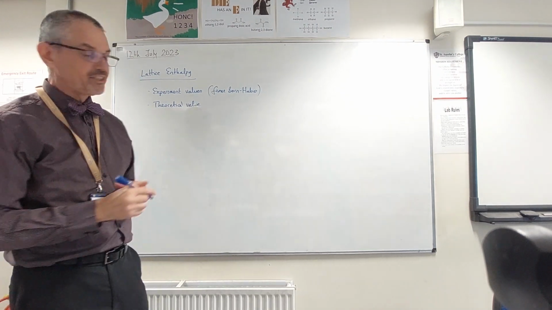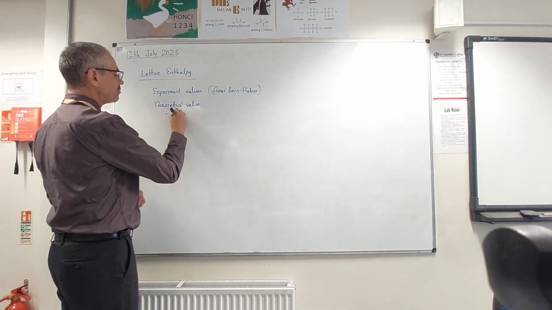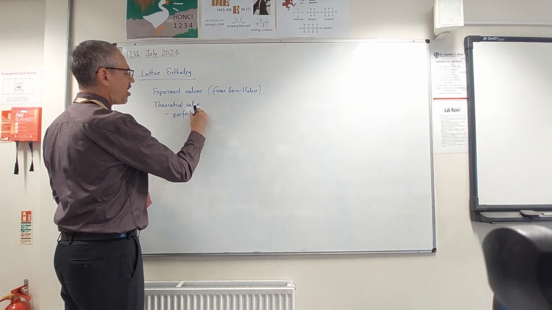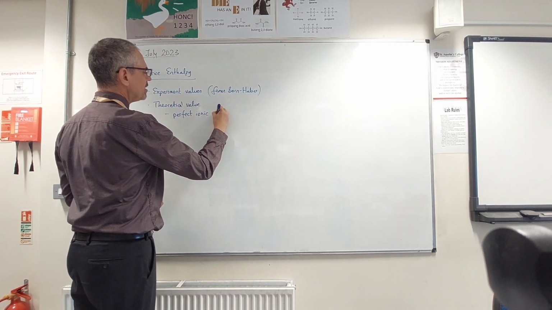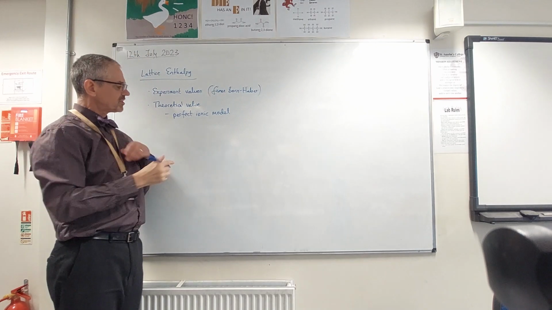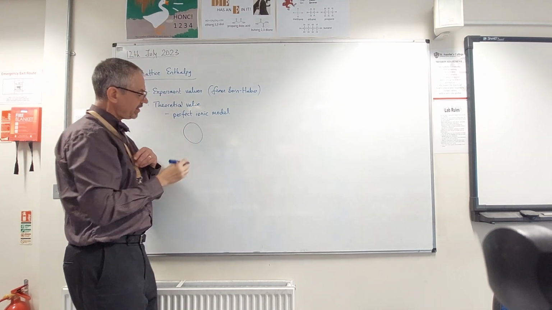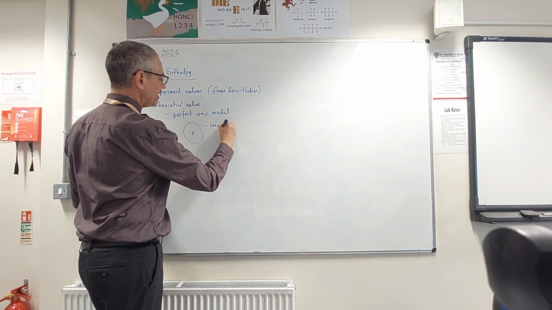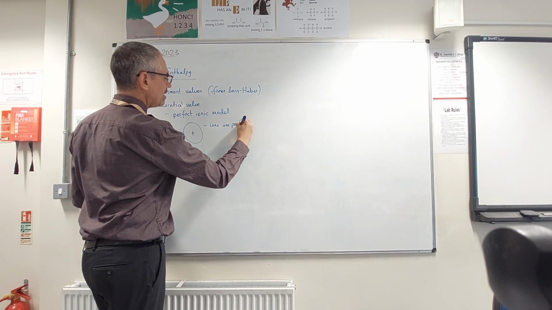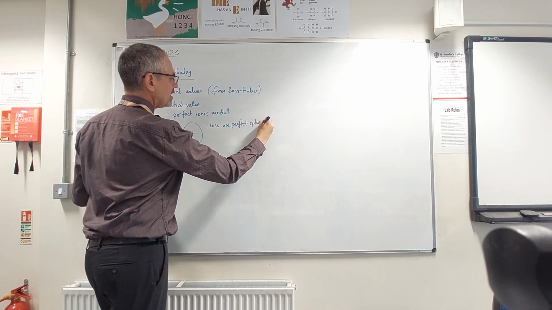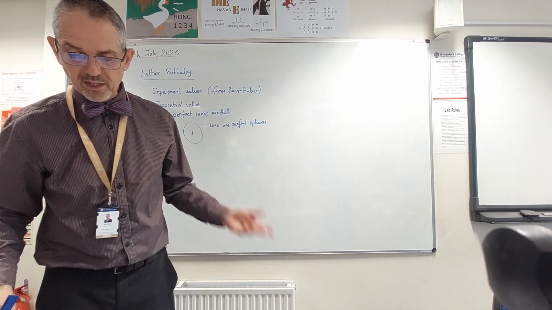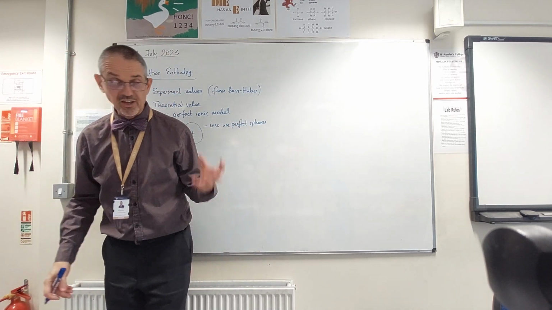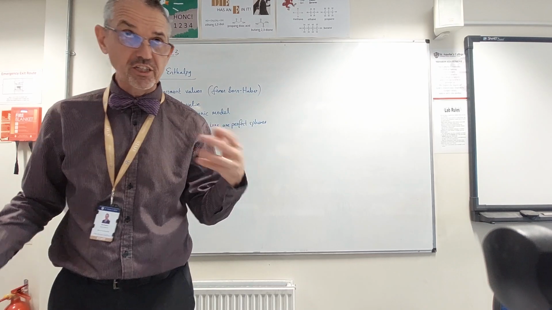The theoretical value uses something called the perfect ionic model. That assumes that the ions are perfect spheres. It assumes some other things as well, like the ions act as a point charge and so on.